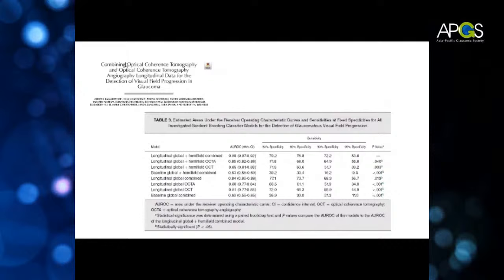A recent study from UC San Diego group documented the models, including OCT and OCT angiography parameters, had higher classification accuracy compared with those individual subsets of OCT or OCT angiography features alone, including hemifield measurement. And those combined models significantly improved the model's classification accuracy compared using global parameters alone.